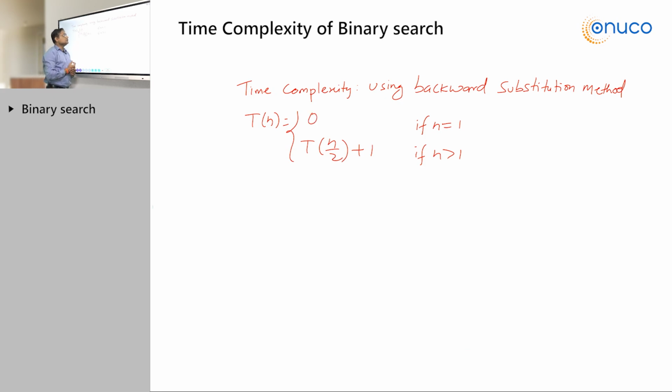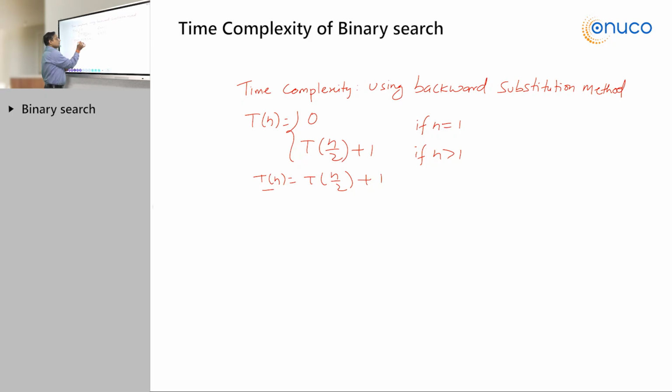It is 0, because if it is only one element, are you going to divide the array into two parts? No. So, are you going to use the recurrence relation, recursive functions? No. If you are not going to use the recursive function, hence the time complexity is 0. So, this we are going to use, T of n is equal to T of n by 2 plus 1, as a recurrence.